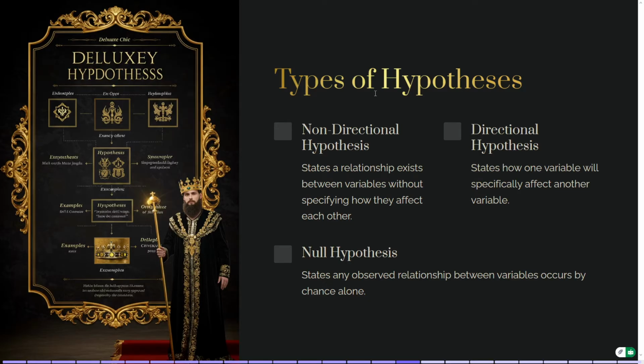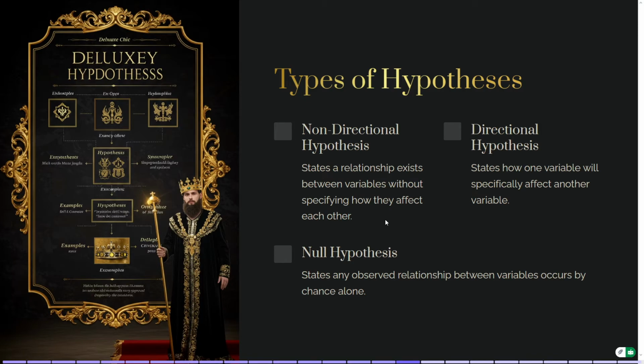Okay, so now types of hypothesis. We have non-directional hypothesis. What does that mean? It states that a relationship exists between variables without specifying how they affect each other. Let's say, for example, coffee will affect student memory.